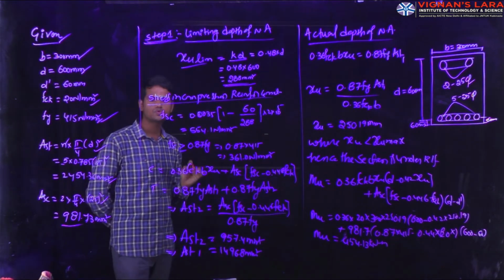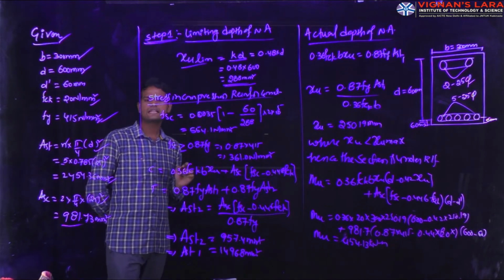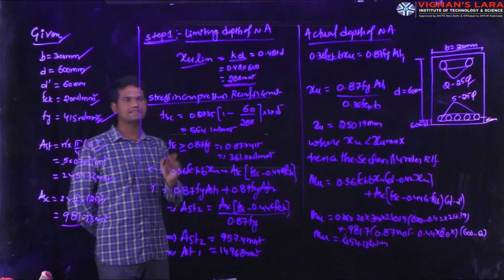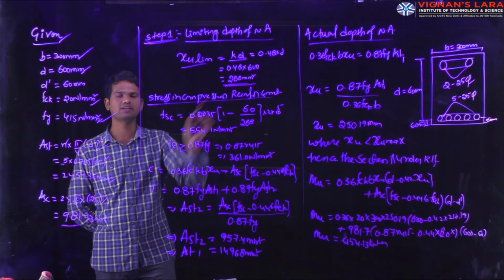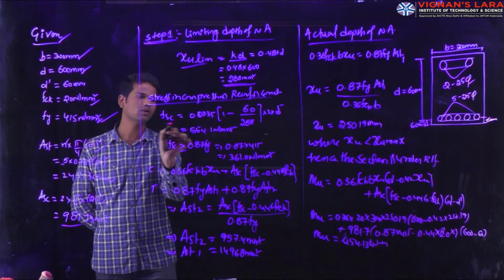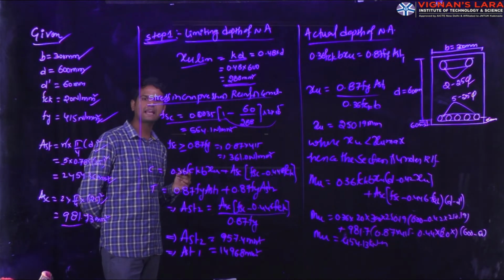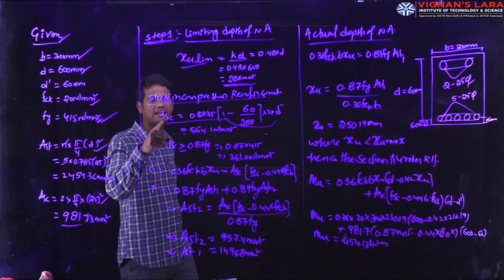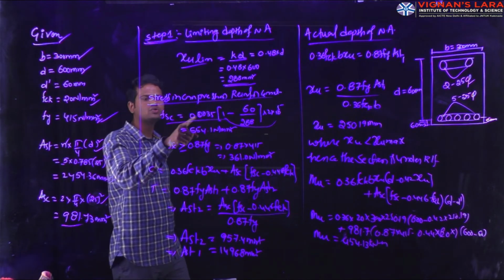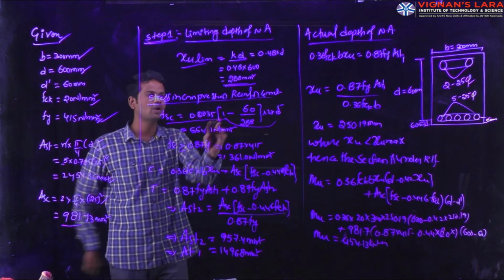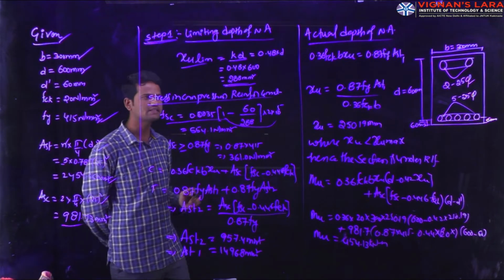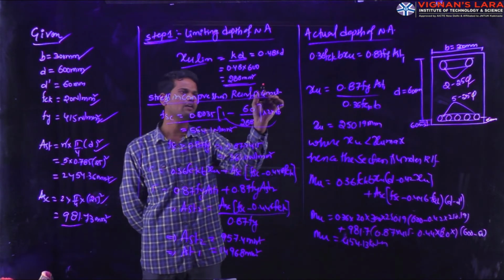It will be useful for calculating the actual depth of the neutral axis. That is the stress in compression reinforcement, FSC equal to, we already have the formula from the analysis of the doubly reinforced beam, FSC equal to 0.0035 into 1 minus d dash divided by XU max. This is the formula for FSC.